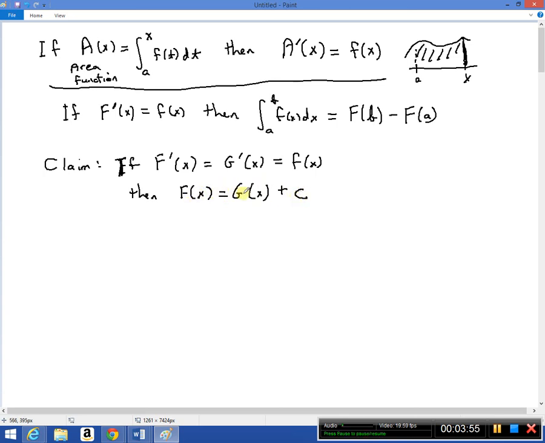Almost. One of them is equal to the other plus a constant, where c is a constant.